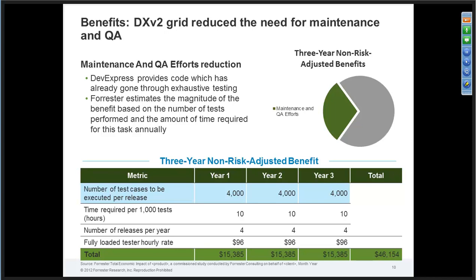The one thing that I would say is that you would also need to factor in the cost of developing those regression test cases yourself if you were to build your own controls. We looked at that as a sunk cost in the case of this TEI, so we didn't include that in terms of the overall cost analysis, because that's just a sunk cost that DevExpress has taken on as part of their QA effort.